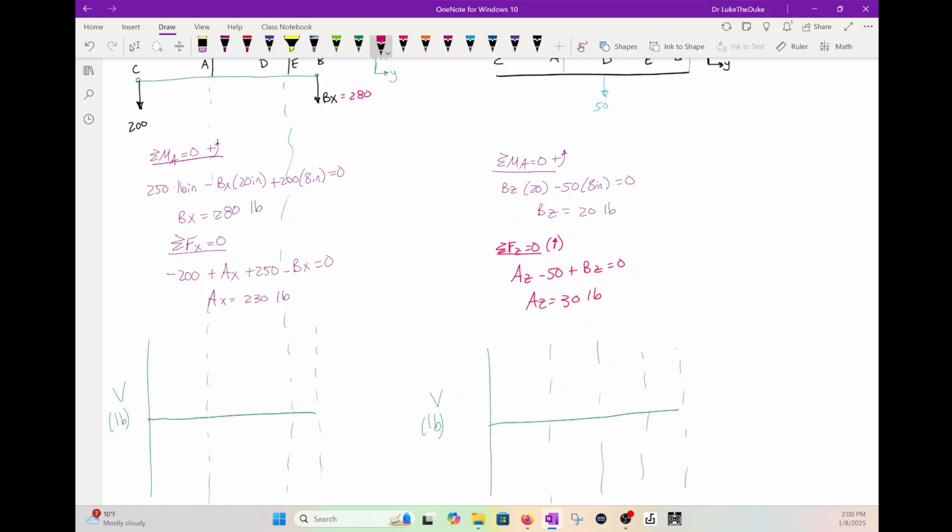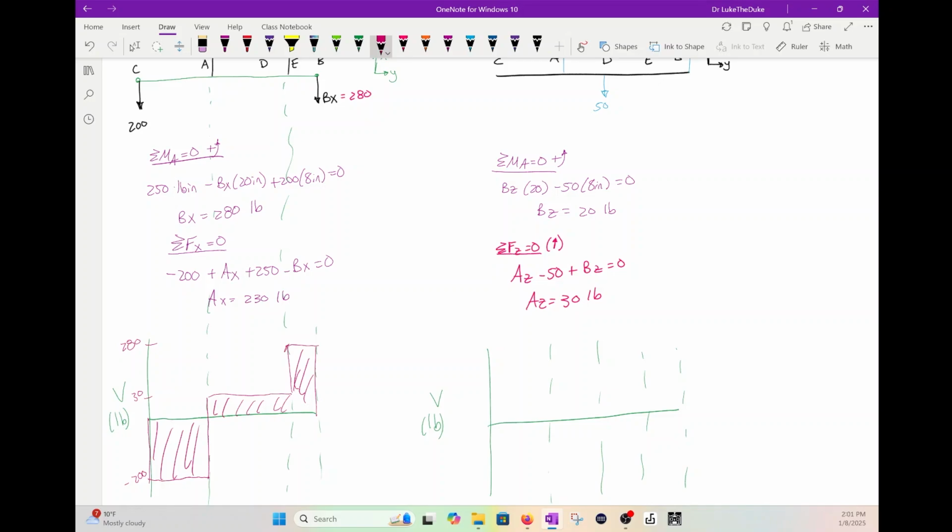It goes down 200, right? Then it's going to go over. It's going to go up 230. So this right here is 30. This is minus 200. Then it's going to go all the way over to E. It's going to go up. And then over. This value here is 280. And then it's going to go back down. Let me fix that. This is our shear.